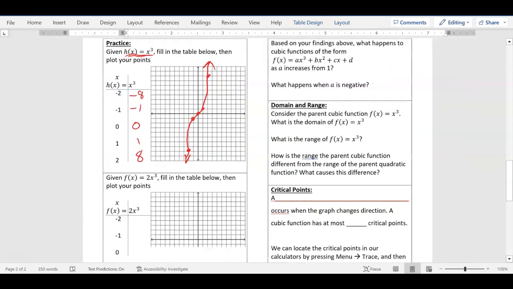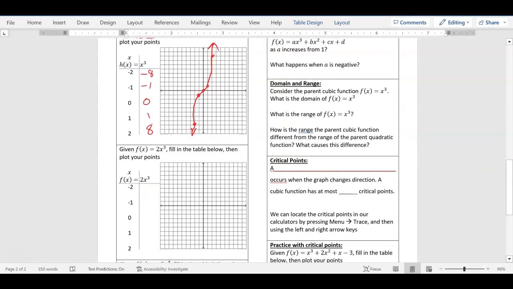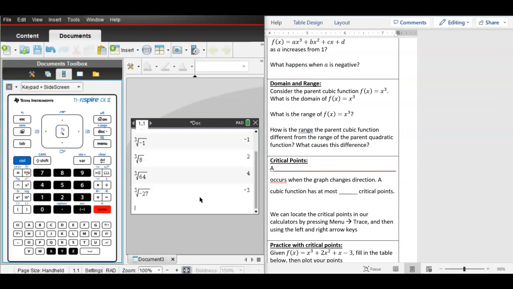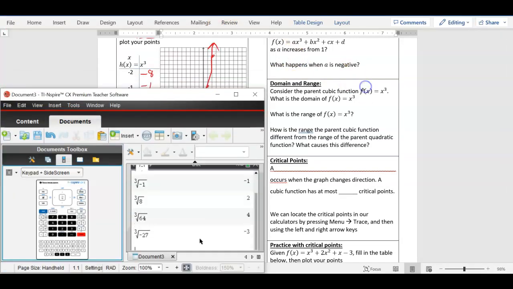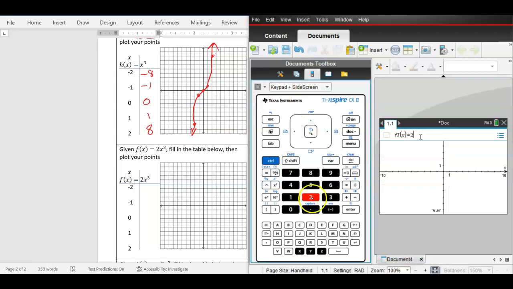All right. And then we can do the next one. Go to a new document, don't save, number 2, add a graph, and put 2x caret 3.